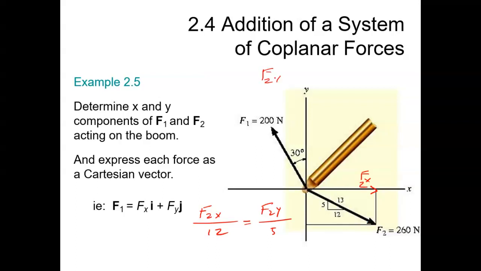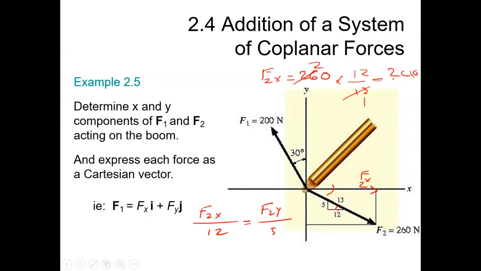F2x is simply the magnitude of this one multiplied by the cosine of this angle. This angle and that angle are equal. So the cosine of that angle is 12 over 13. So that is multiplied by 12 over 13. That is 1. This is 2, 20.